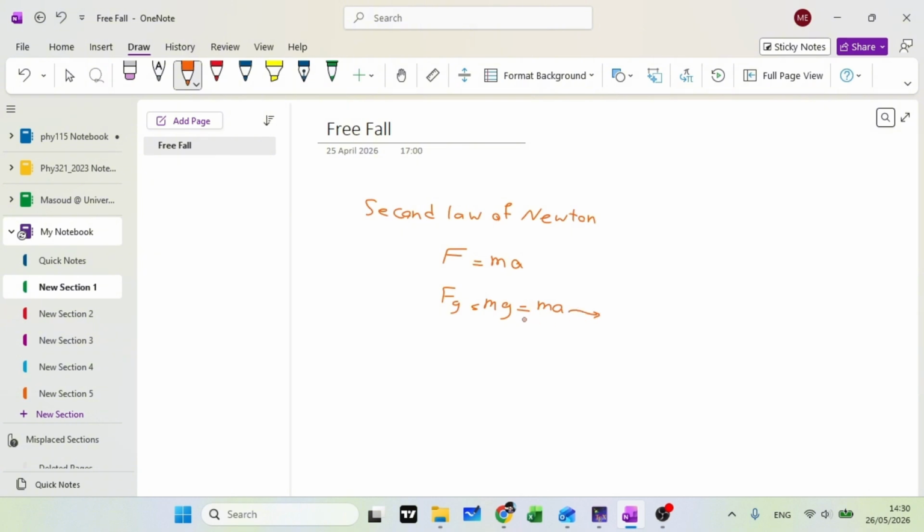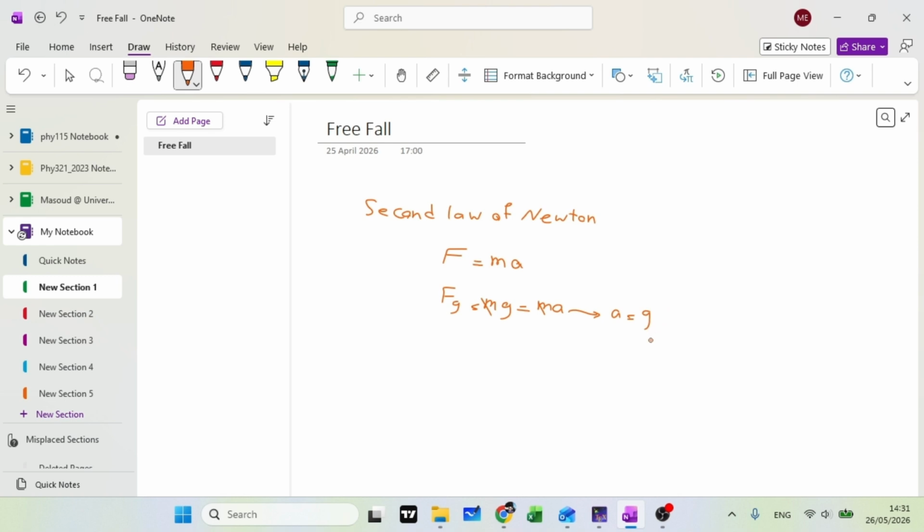So, as you can see, when the mass of an object is more, the inertial mass here is also more, so they cancel each other. What is left is that a, the acceleration of the object, equals g.